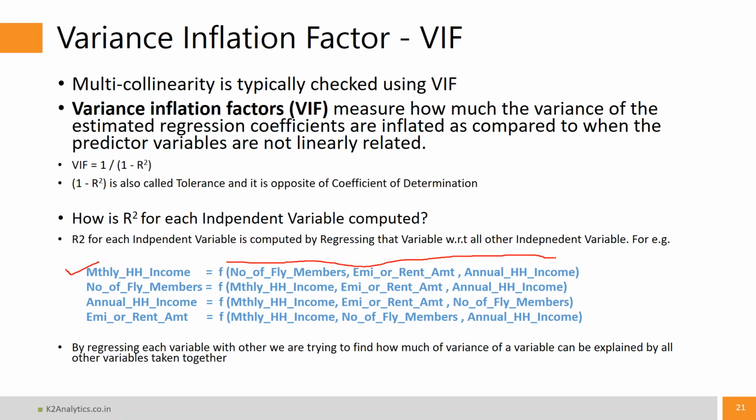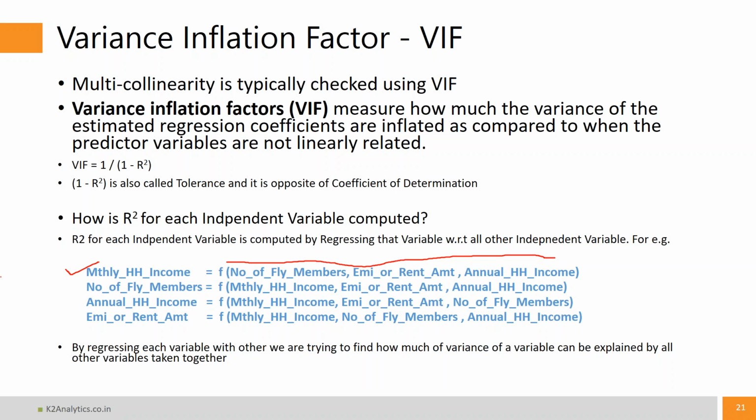Likewise, I'll now take X2, and can I have X2 as a function of X1, X3, X4? Likewise, can I have X3 as a function of X1, X2, X4 and X4 as a function of X1, X2, X3? Can I build those models? I can. Don't think whether those models will be good or not, but theoretically, can I build? I can.